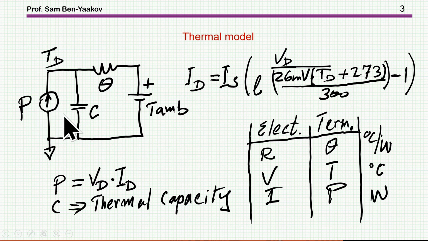Now in this circuit, this sort of emulates the thermal behavior by an equivalent electrical system in which R is thermal resistance, V, the voltage drop on the thermal resistor, is temperature, and the current here is in fact the thermal power fed to this network.